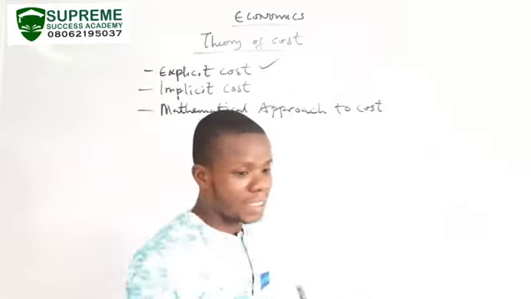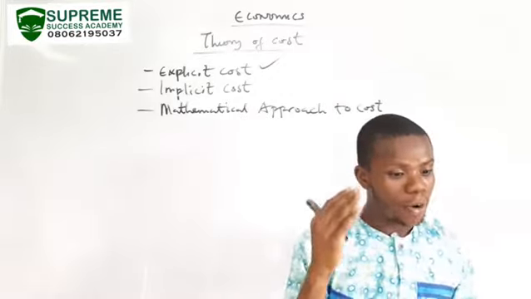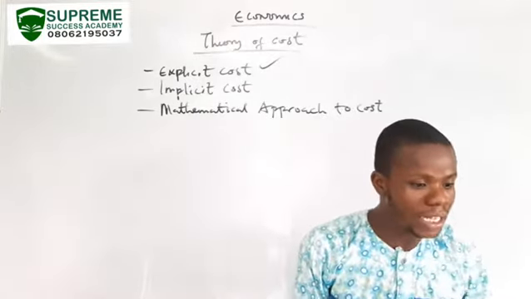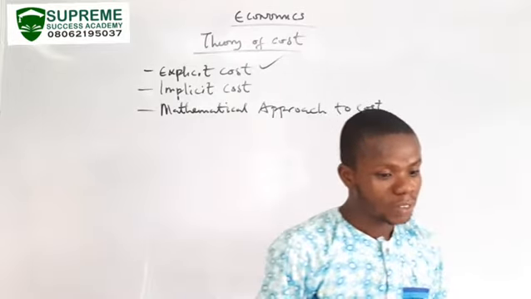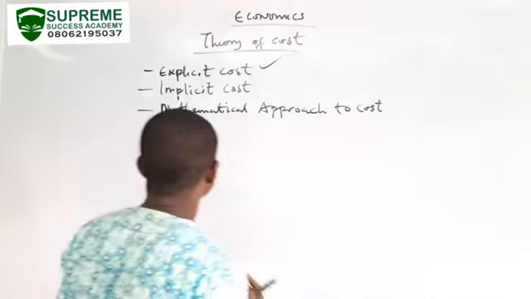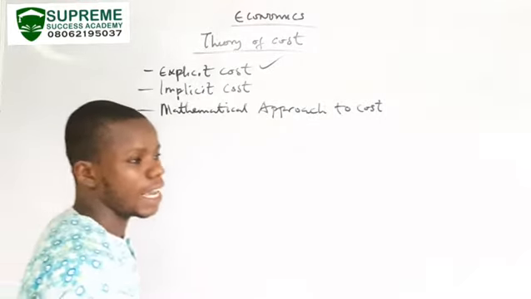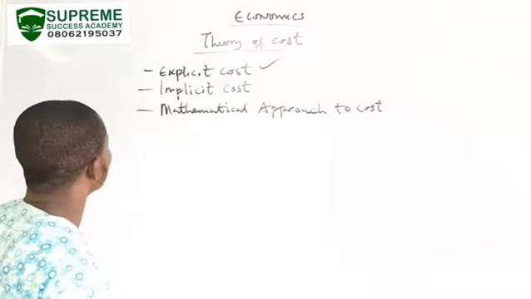For instance, a good example of that particular cost is owner's financial resources. Another one is owner's occupied buildings. Another one is the managerial skill that is used in the course of production.